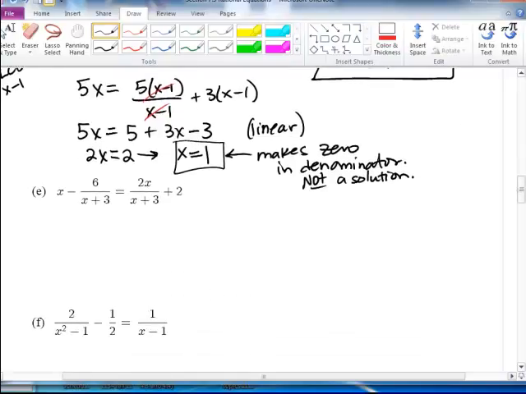Next one, again, we have a group as our least common denominator, x plus 3. So we multiply by that on both sides to clear the denominators as the first step.